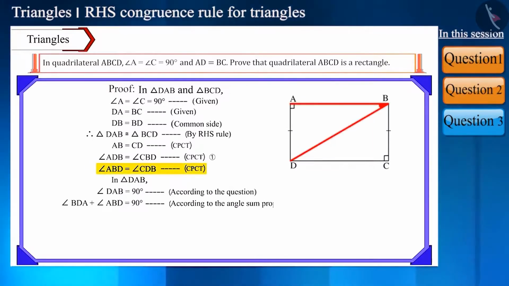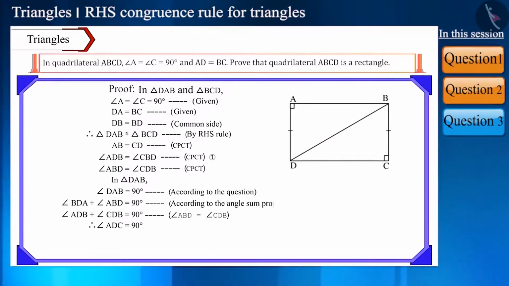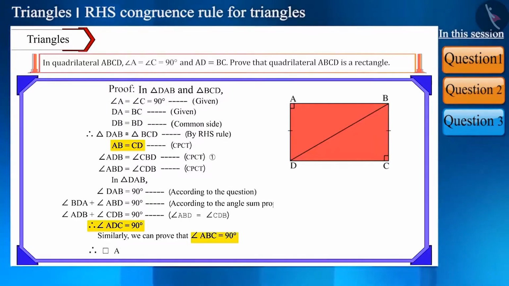Since angle ABD is equal to angle CDB, we can also write it as angle ADB plus angle CDB is equal to 90 degrees. That is, angle ADC is equal to 90 degrees. Similarly, we can prove that angle ABC is equal to 90 degrees. Therefore, quadrilateral ABCD is a rectangle.